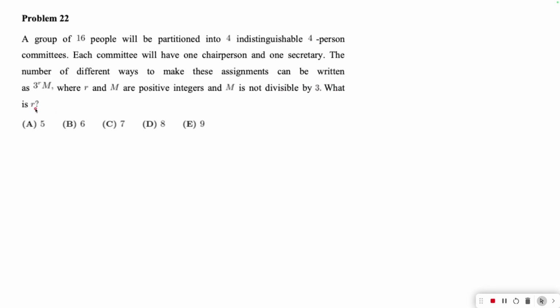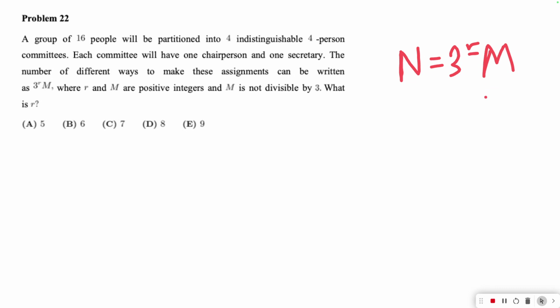What is r? Okay, so firstly, we're asked to find r. If we call the number of ways to form the committees and select the chairperson and secretary n, we can say n can be written as 3 to the power of r times m, and we're asked just to find r.